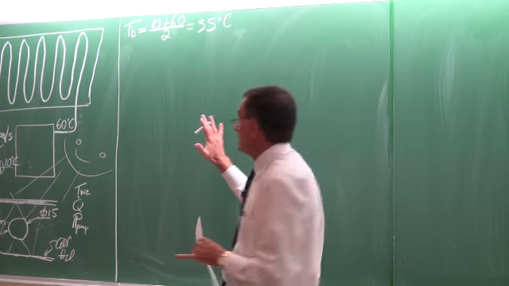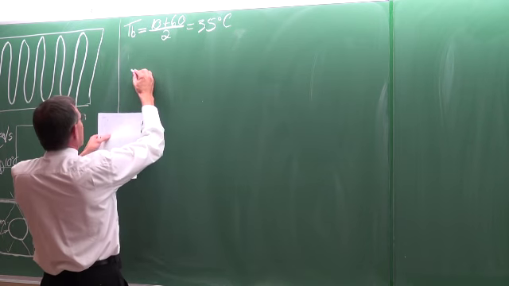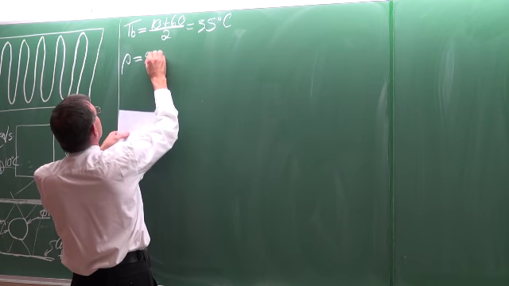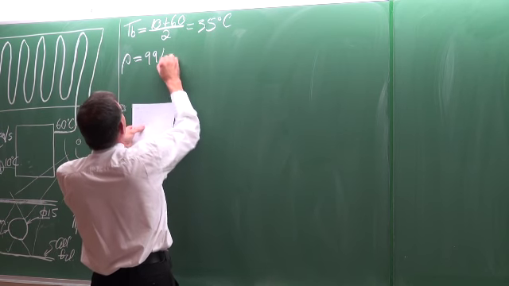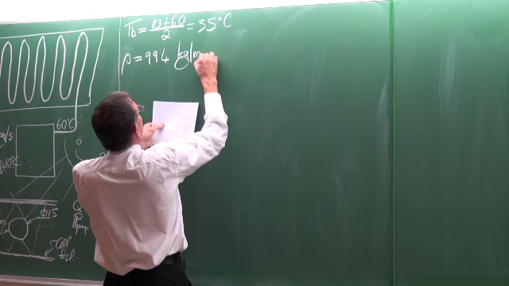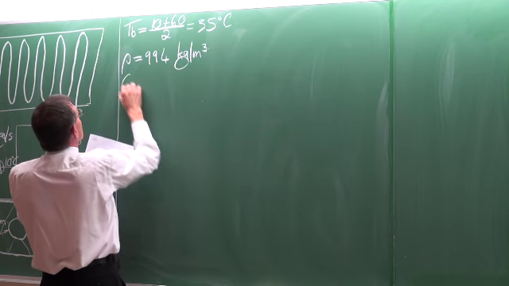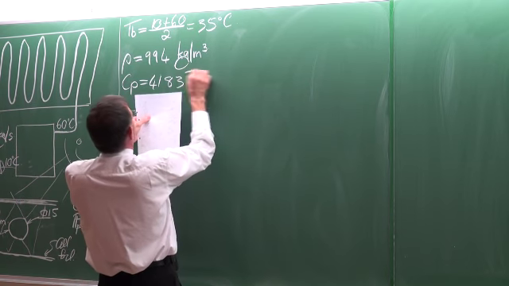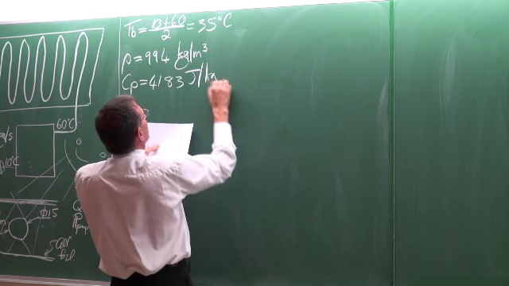So at this bulk temperature, we can now go to our tables and get the properties of water. The density would be almost 1,000, or 994 kilograms per cubic meter. The Cp value is equal to 4183 joules per kilogram Kelvin.